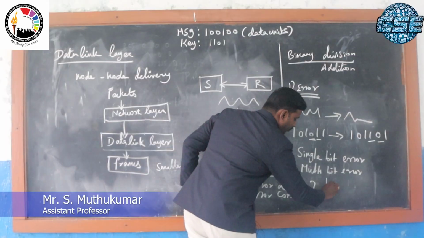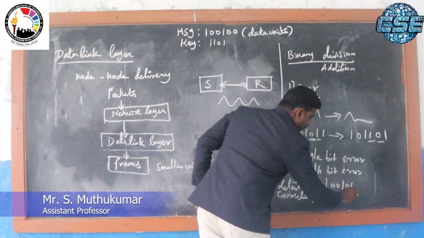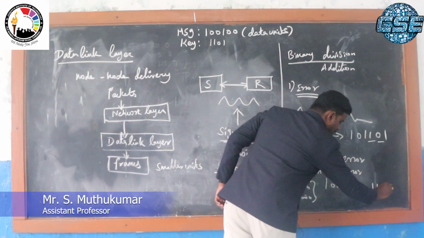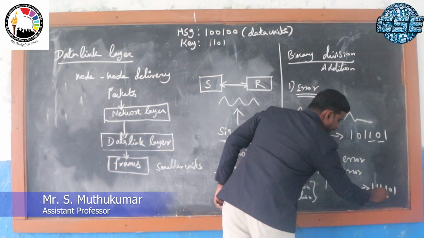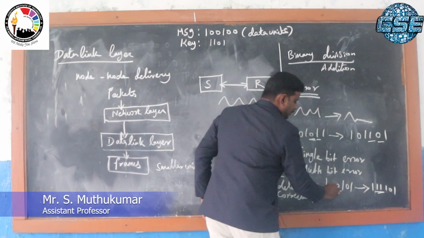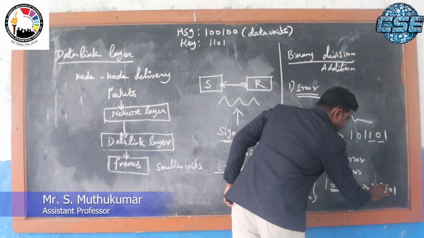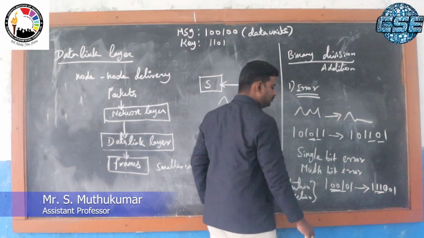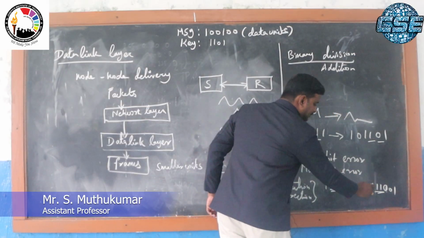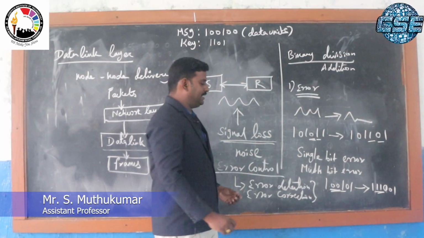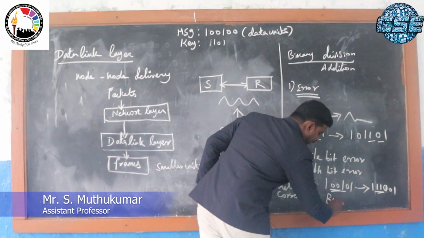For example, if I am sending this data, 111, 101, continuously 2 bits change. So randomly some bits are changed or continuously some bits are changed. Here 001 is shifted to 110, so continuously 3 bits are changed. This is called a burst error.